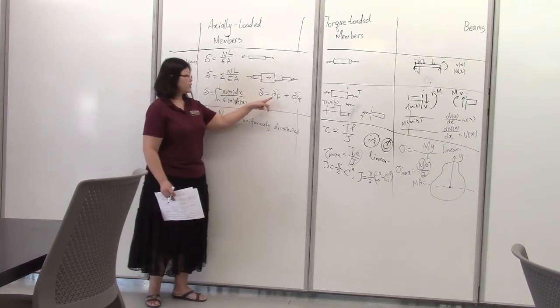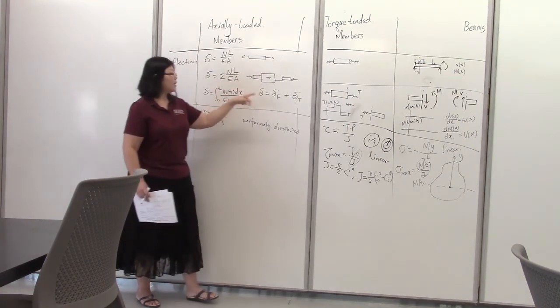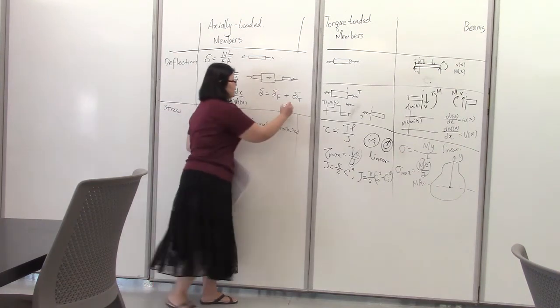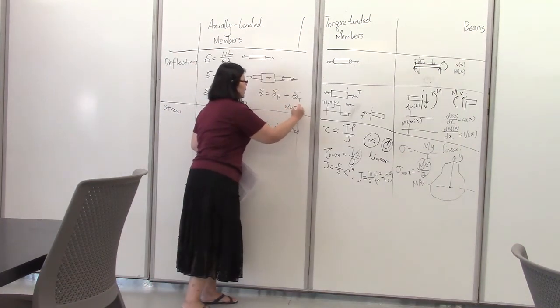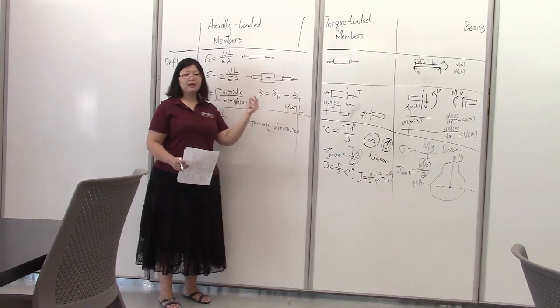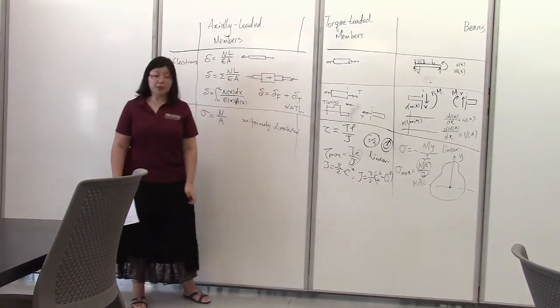The mechanical deformation is calculated using NL over EA, as I have described earlier, but the thermal expansion is calculated as alpha delta T times L, and again L is the length of that segment, delta T is the temperature change of that segment, and alpha is a material property.